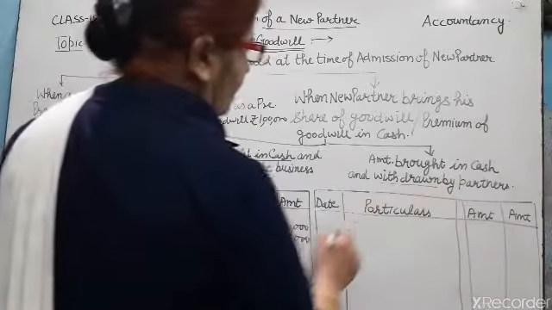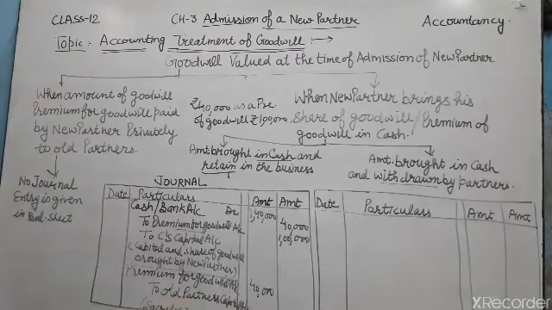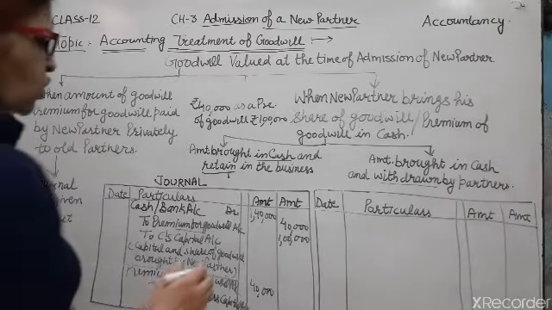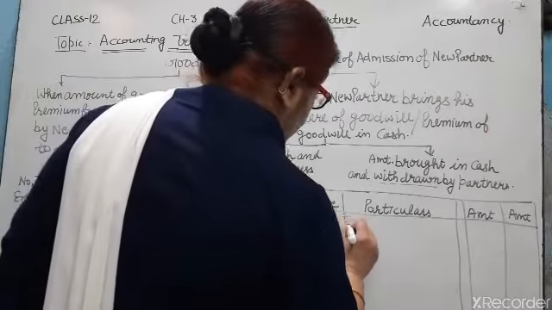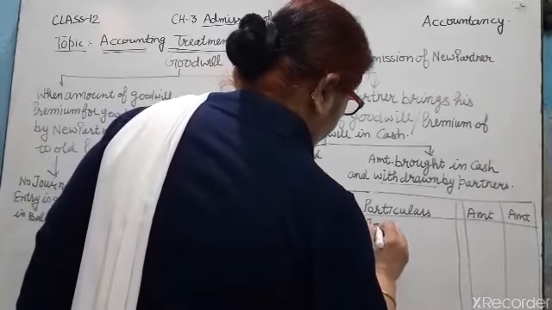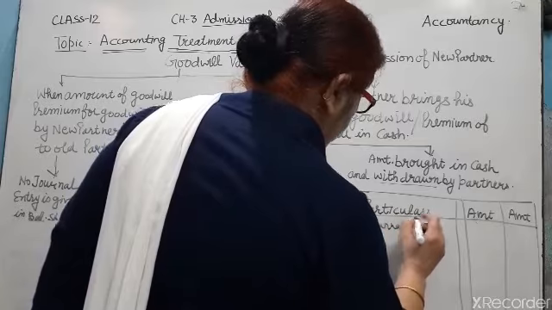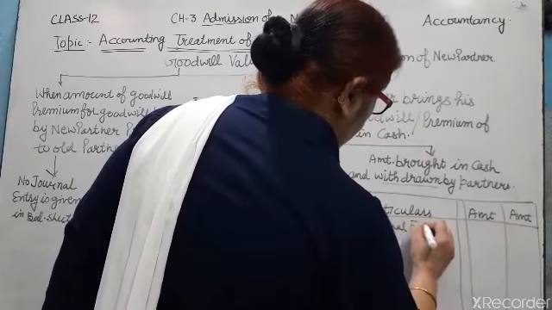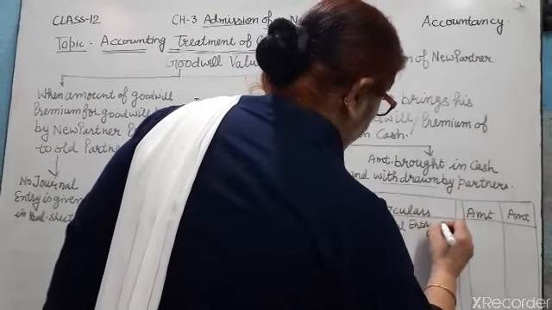Now come to the second case, the amount brought by the new partner and withdrawn by the old partners. The first journal entry is the same: cash or bank account debit, to premium for goodwill account.